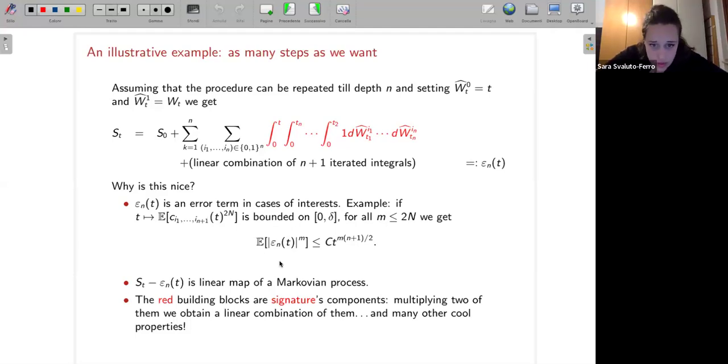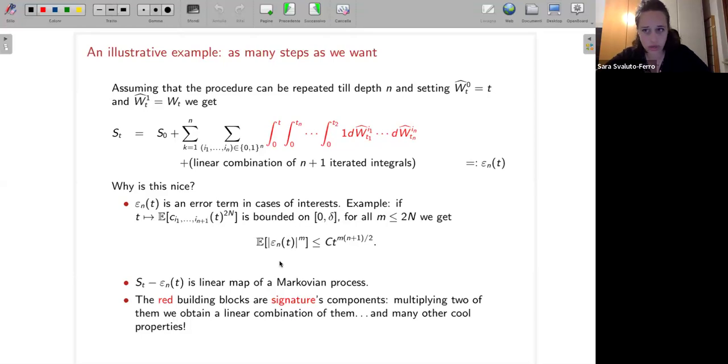Is this an extension of the argument for solution of controlled ODE to SDE? I don't know what you are referring to. Is this an extension of the argument for solution of control ODE to SDE?